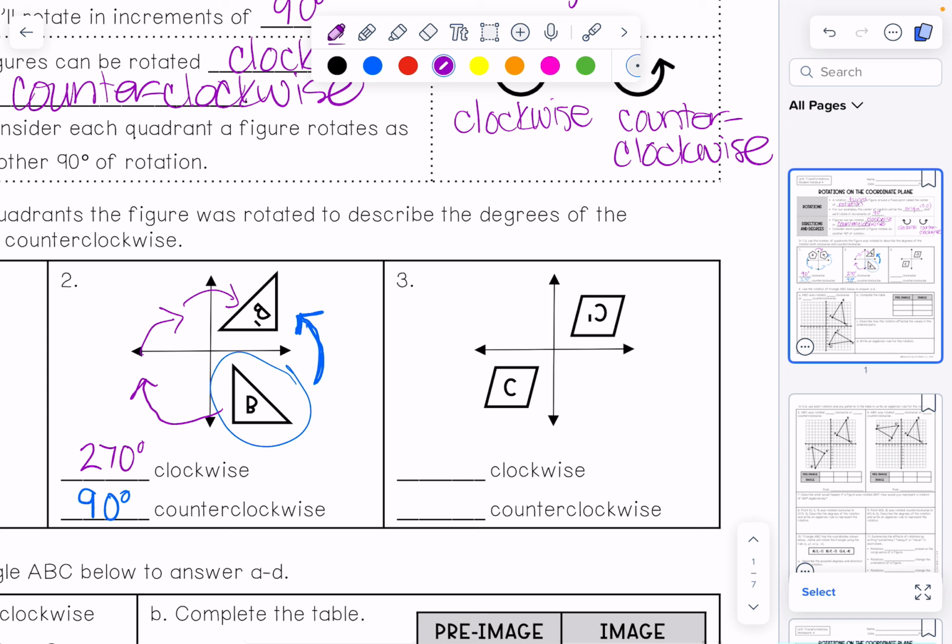And then on this figure, going from C to C prime, if I'm rotating clockwise, I moved 2 quadrants over, so that's 180 degrees clockwise. And if I think counterclockwise, I also moved 2 quadrants, so that would be 180 degrees counterclockwise.